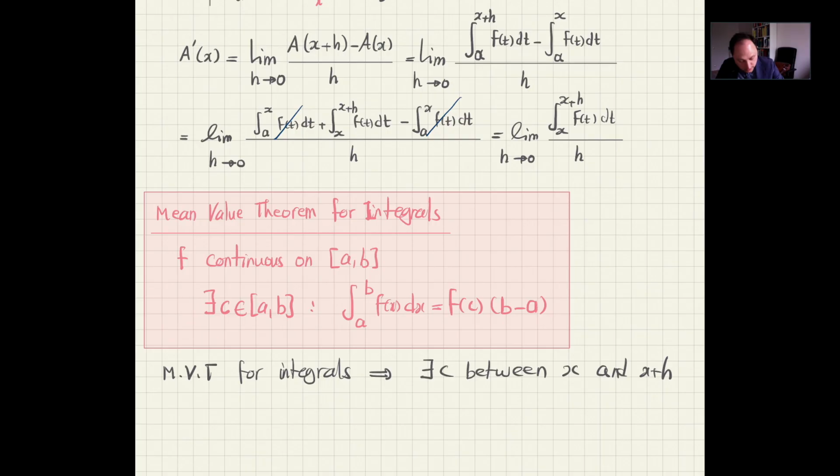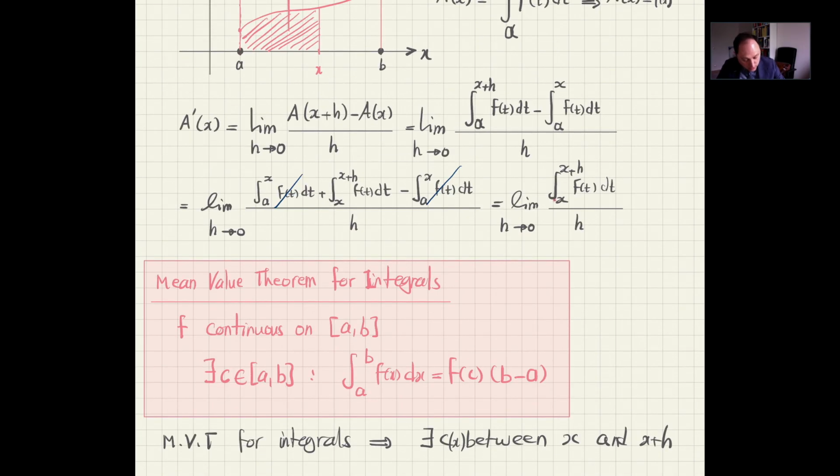But because this c depends on x, I would write it as c of x. This c depends on x because x is a variable here, and c should be a number between these two. When x is changing, this value should also change. So that itself is a function of x.